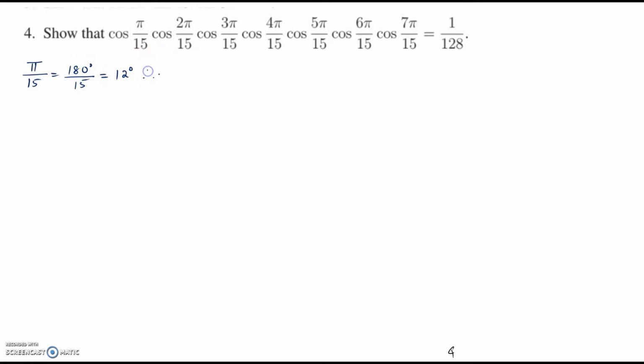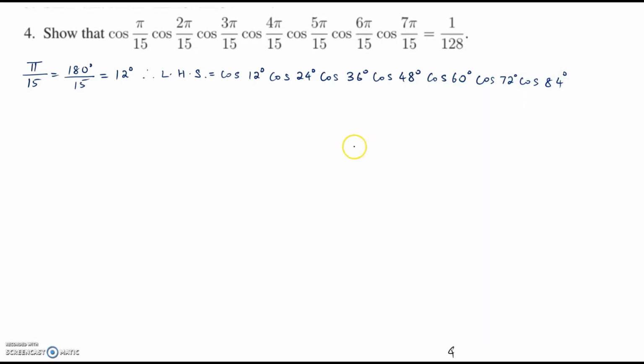Therefore, our LHS becomes cos 12 degrees, cos 24 degrees, cos 36 degrees, cos 48 degrees, cos 60 degrees, cos 72 degrees, cos 84 degrees.